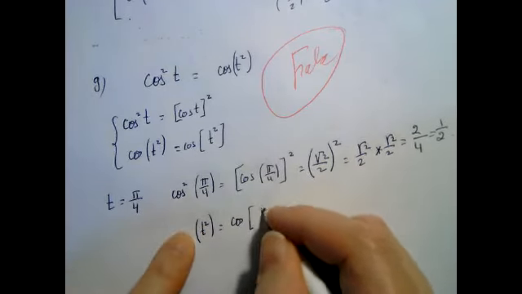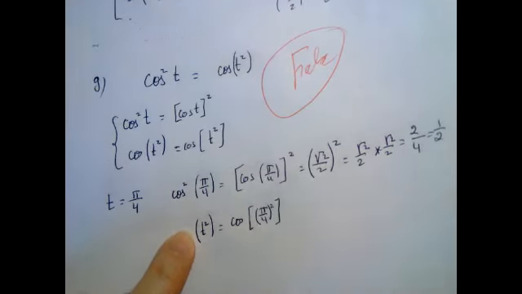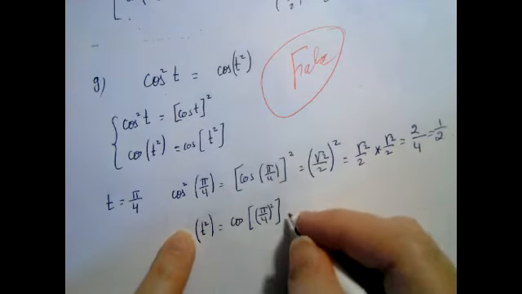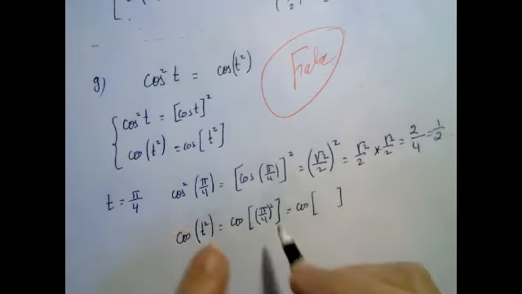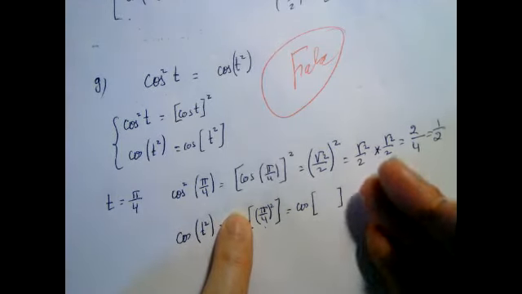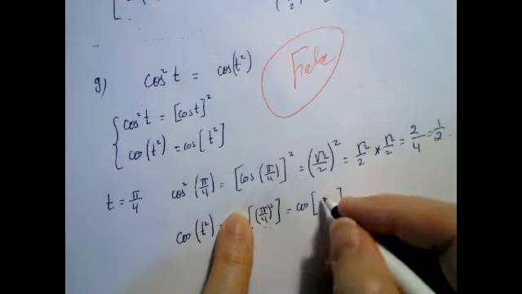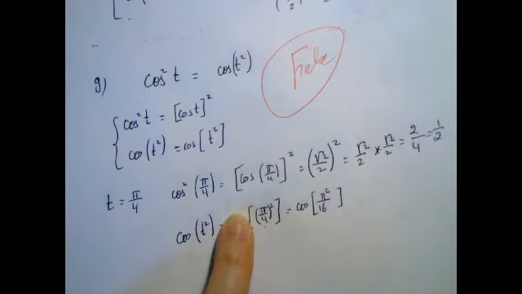You take the t and you square that, and then you find its cosine. I have no idea what the answer is going to be. Basically, you take pi over 4 and you square it. It's pi over 4 times pi over 4, which is pi squared over 16. That's really what you do. And then you pick up your calculator.